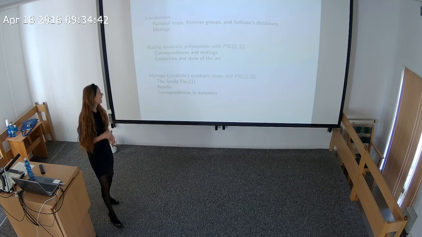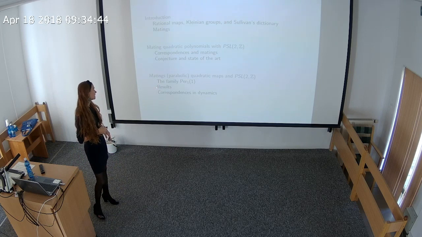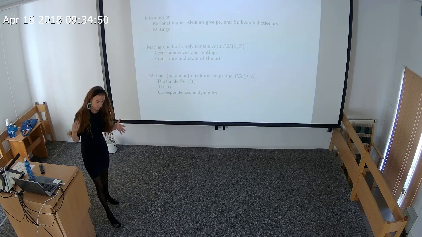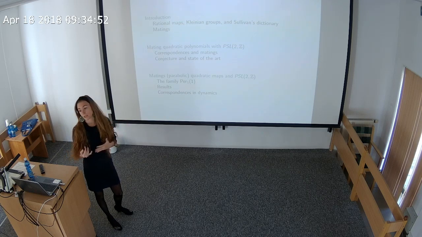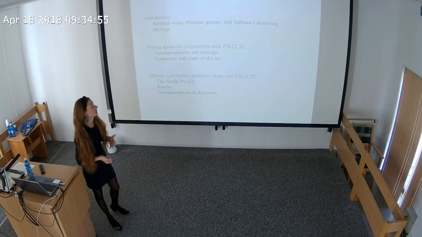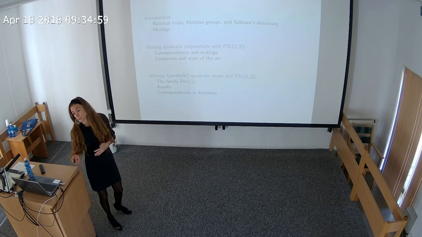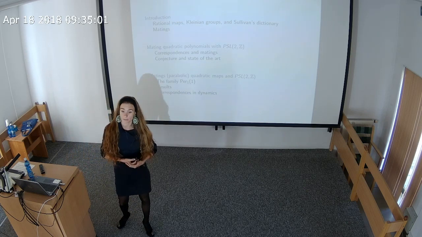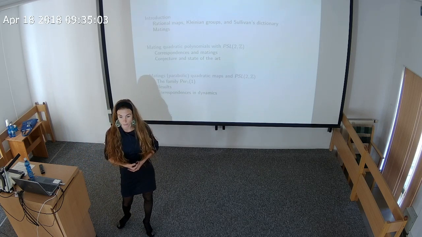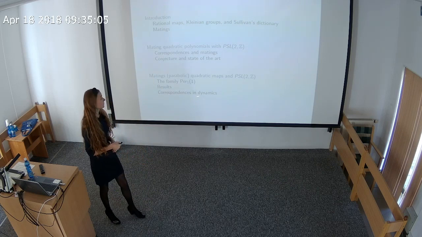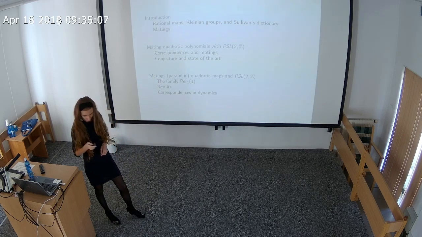And then I'll speak about the results, and a kind of parallel that we have between dynamics of quadratic polynomials and dynamics of this specific family of correspondences I will tell you about. And this is what gave the title to the book.